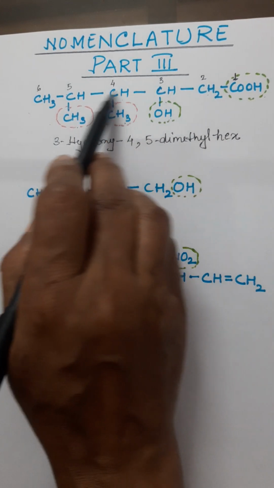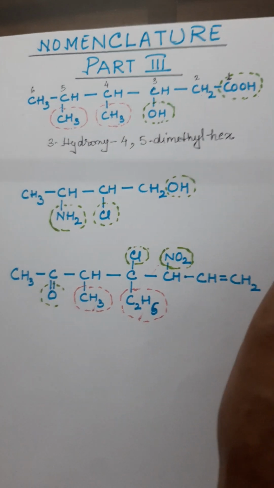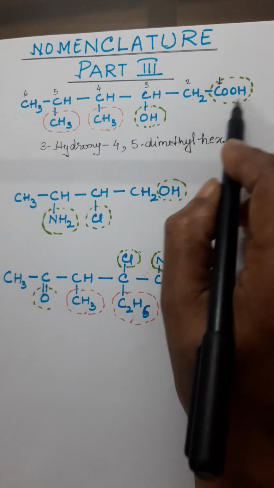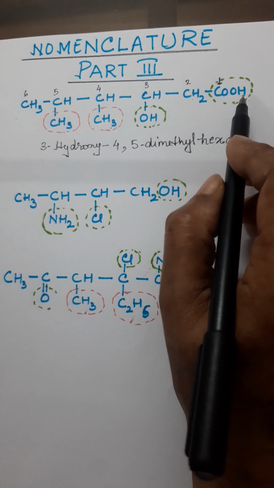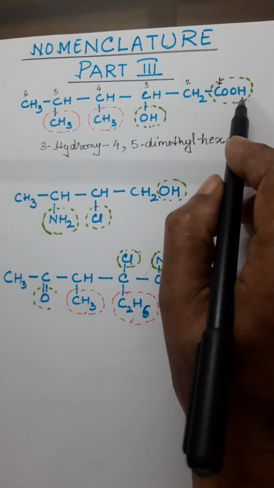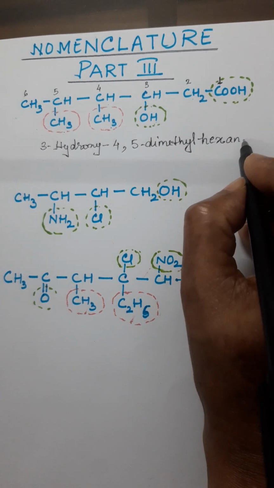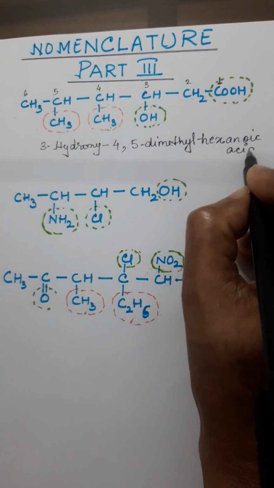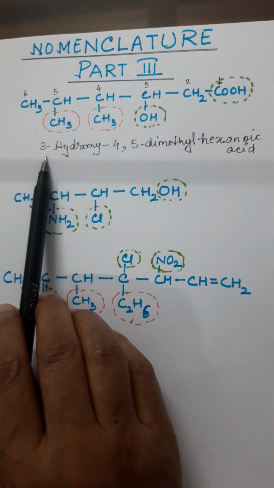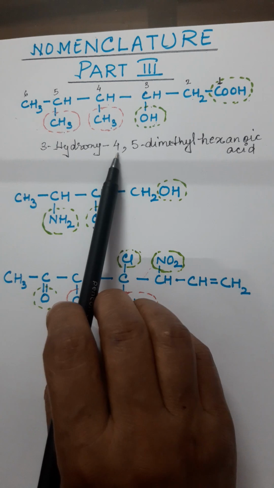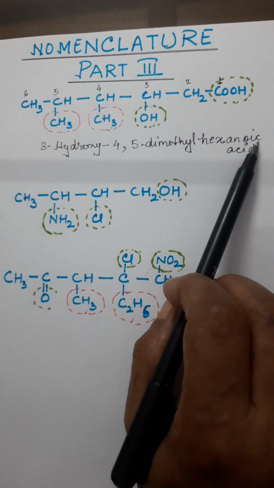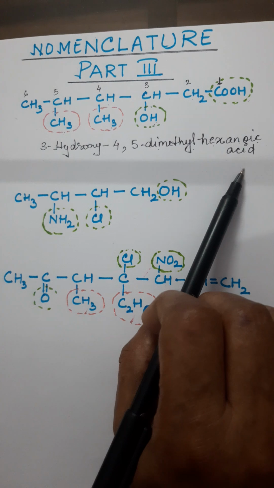Then all carbons are attached by single bond, so it is ane. And then this carboxylic acid, remember we called it as a suffix oic acid, so we will write oic acid. So what is the name? The name is 3-hydroxy 4,5 dimethyl hexanoic acid.